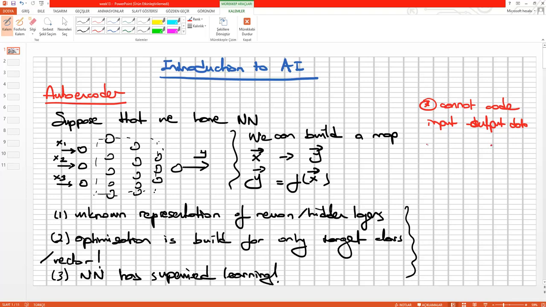So we cannot reach the input features, and also we cannot build the main features of the input or output vector.